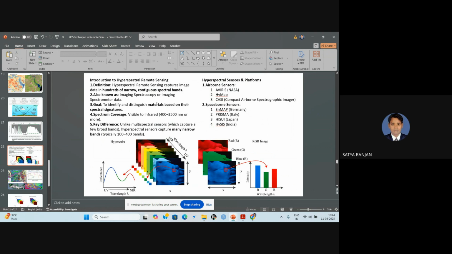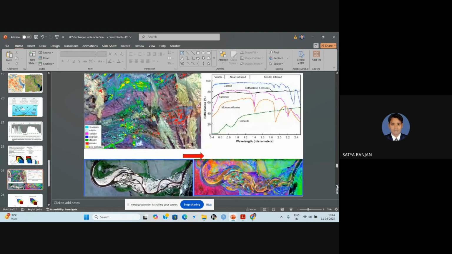Some examples are EnMAP, NASA's HICO data, Hyperion. These are examples of hyperspectral remote sensing. So this is a hyperspectral satellite image. It generally gives different graphs of specific minerals, specific metals, or specific features.